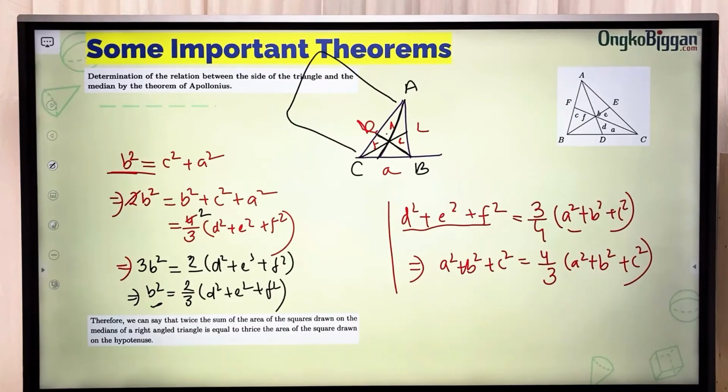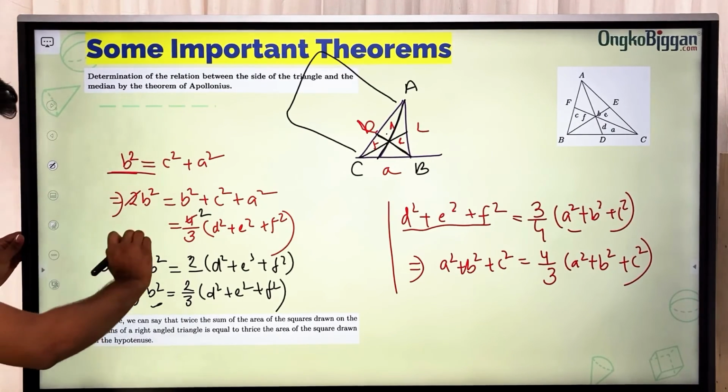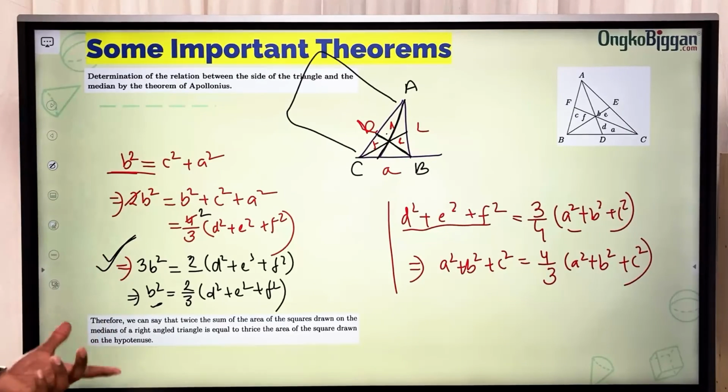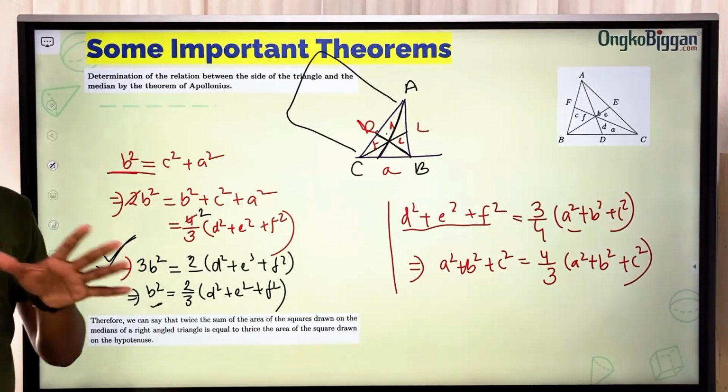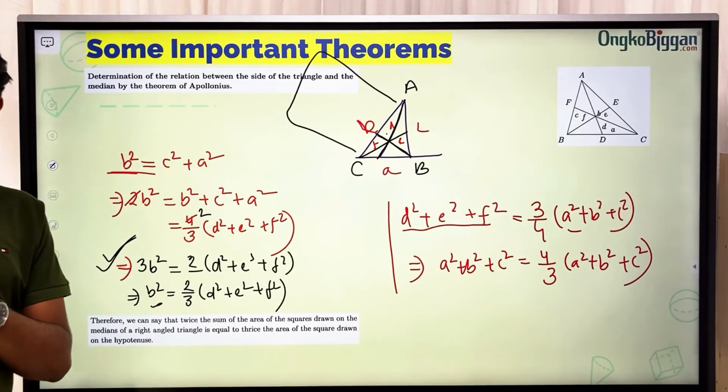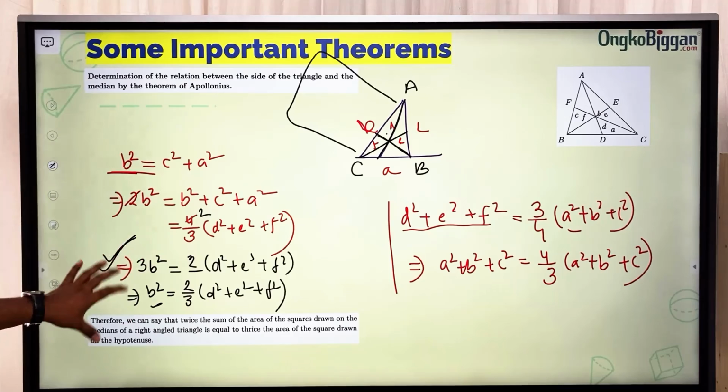It means 3 times the area of the square drawn on the hypotenuse is equal to twice the area of the squares drawn on the medians, and this is only applicable in case of a right angle triangle.